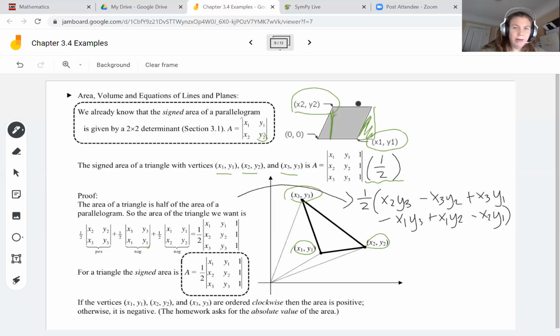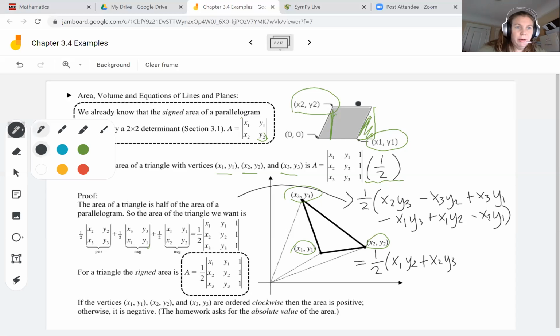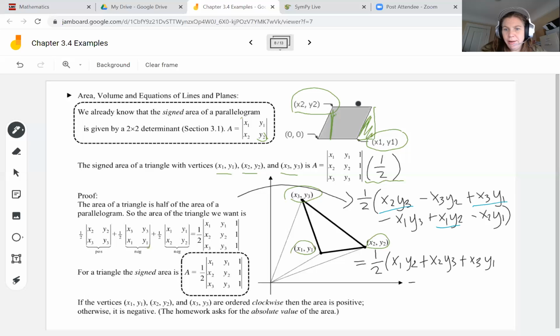And then that can get rearranged into this form, 1/2 times x1, y2 plus x2, y3, so I'm pulling the positive values out first here, plus x3, y1, minus x1, y3, minus x2, y1, minus x3, y2.